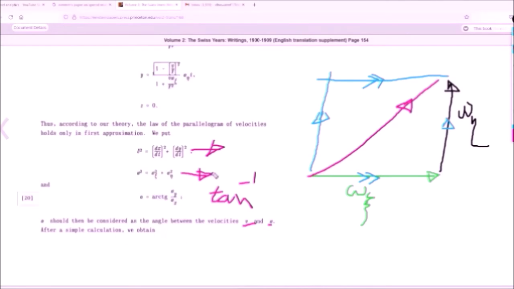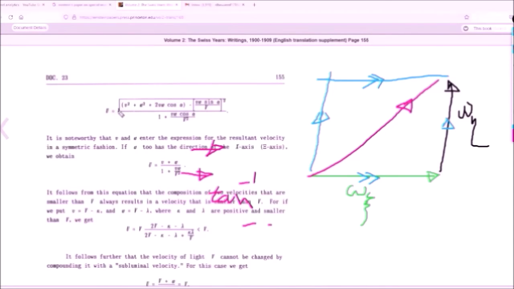He wants to prove that. He wants to prove what? That velocity, when you substitute by dx and dy, and you square it, and take the square root after you put the substitution. That is the velocity measured in the rest frame of the velocities in the moving frame.